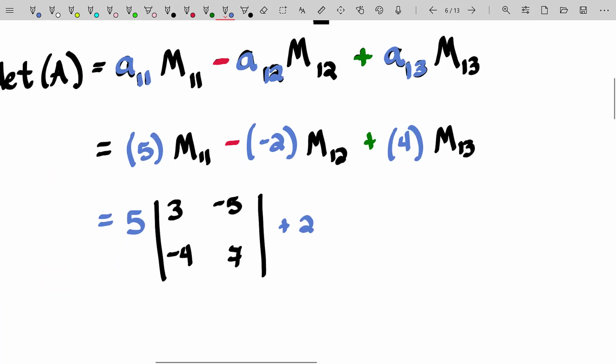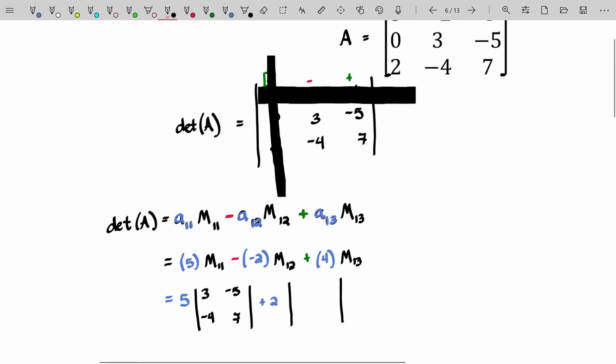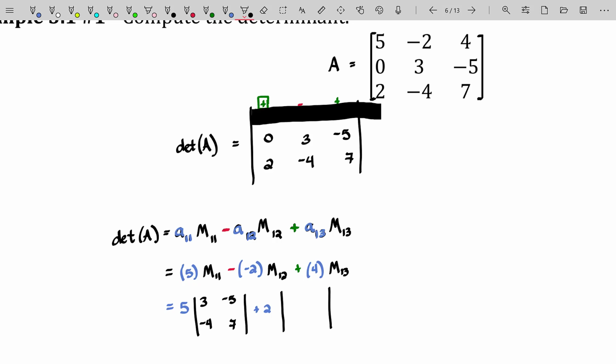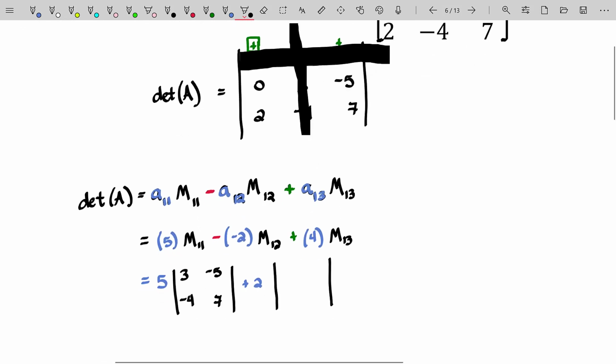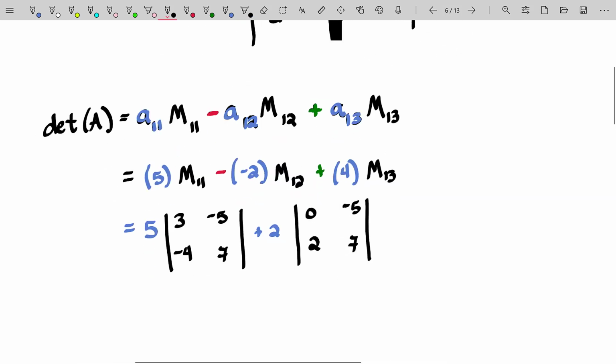And then we have times the determinant of what's left over after you remove the first row, second column. Well, let's take a look at that. Removing the first row, second column, you get the matrix 0, negative 5, 2, 7. Double checking my work, 0, negative 5, 2, 7, that is correct.